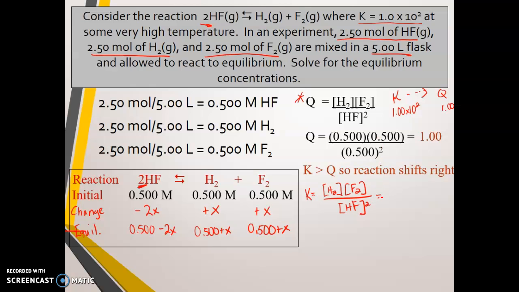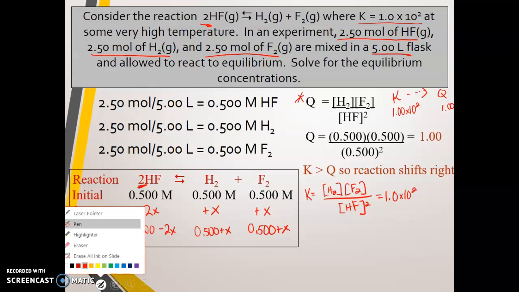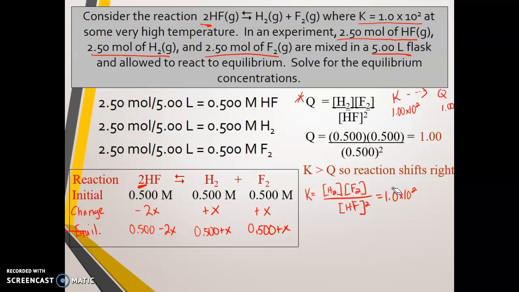And we are told that this equals 1.0 times 10 to the second. I'm just going to try to get this all on one line so I have more room to solve.